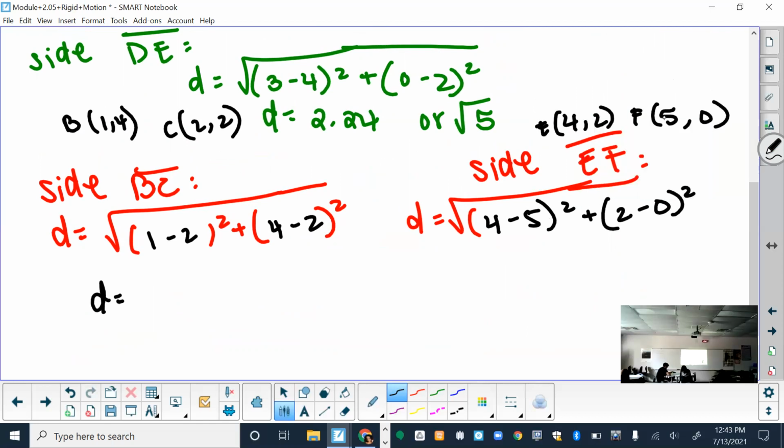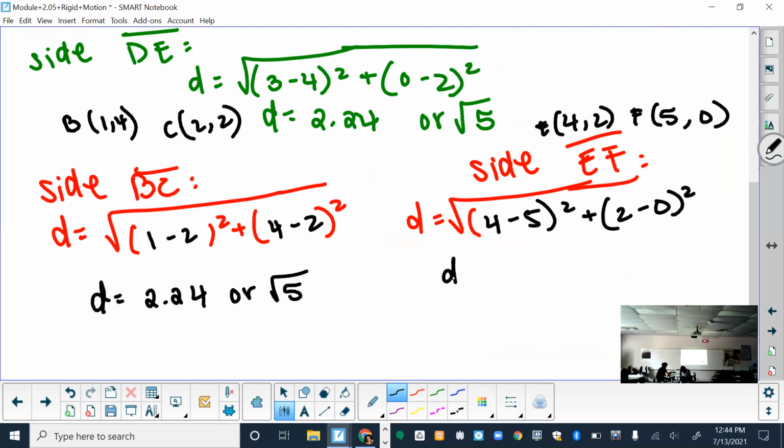All right, so once you plug in those coordinates, it should look something like this. What do we get for the length of BC? 2.24, or if we're using the more exact measurements, it's square root of 5, good.